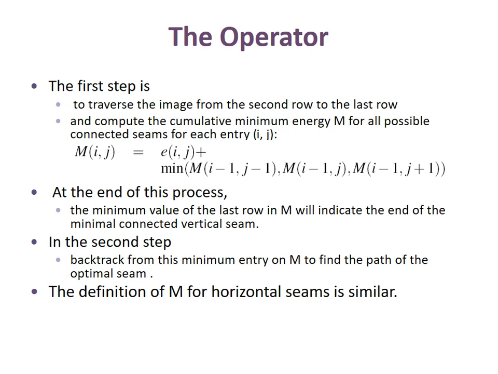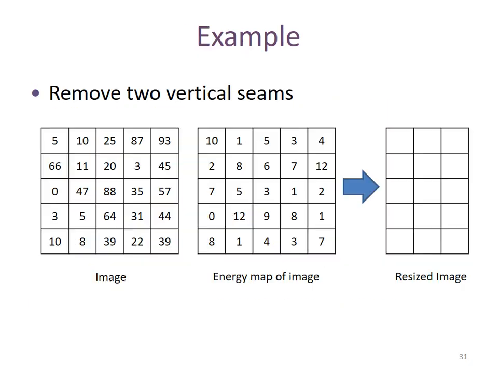And then in the second step, we backtrack from the minimal entry in M to find the path of this optimal seam.